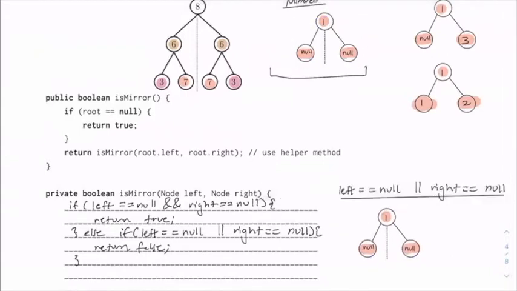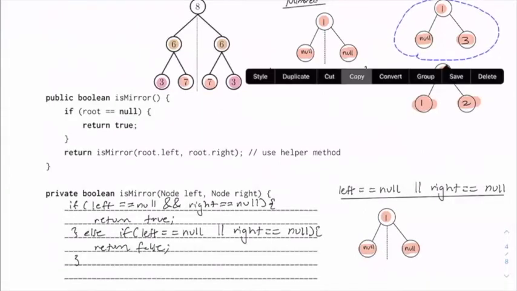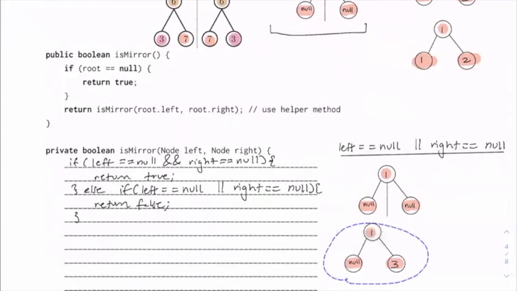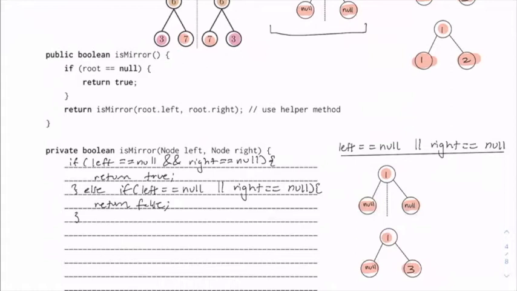It's true in the case where both children are null, and it's also true in the case where only one of the children is null. And note that when both children are null, we actually want to return true.